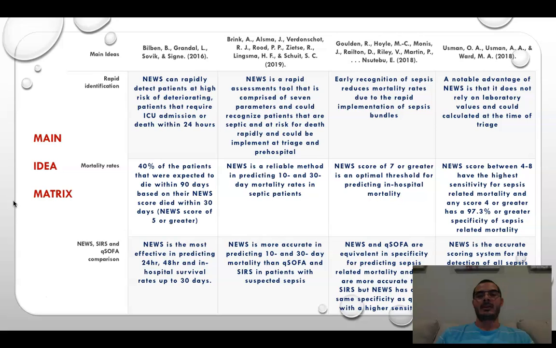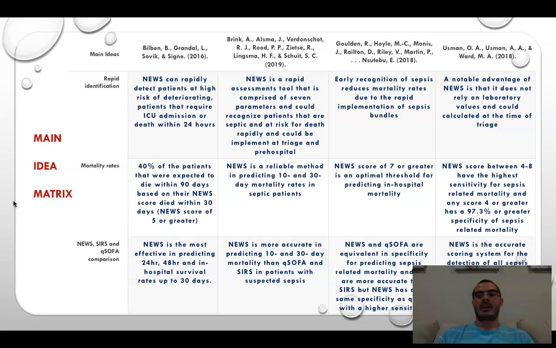So any nurse that's getting basic vital signs and can assess a patient's mentation can get a quantifiable numeric value that tells you how likely somebody is to be septic, and identifies how at risk they are for deterioration and for mortality.